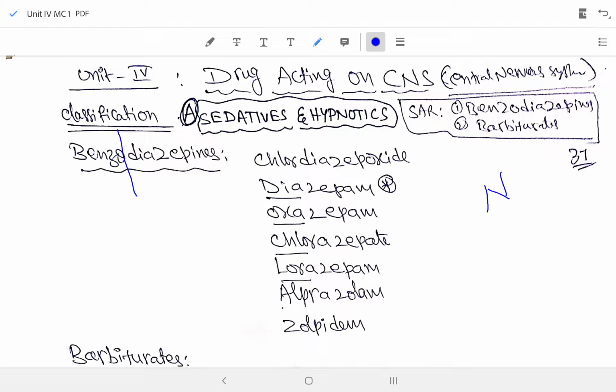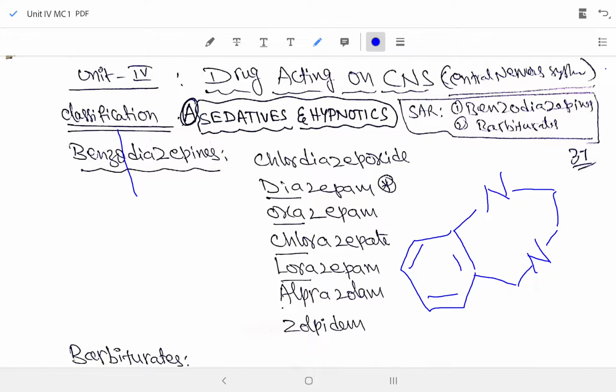It is a seven-membered ring, with another nitrogen. 1, 2, 3, 4, 5, 6, 7, a 7-membered ring with two nitrogens. So, diazepine. This ring is fused with a benzene ring. So, benzodiazepines.